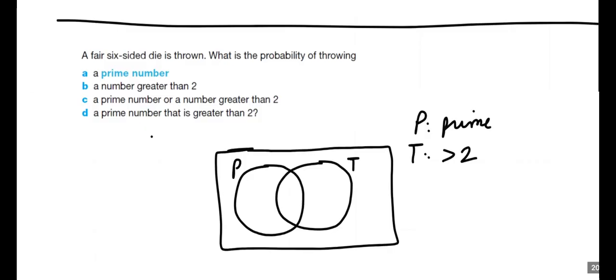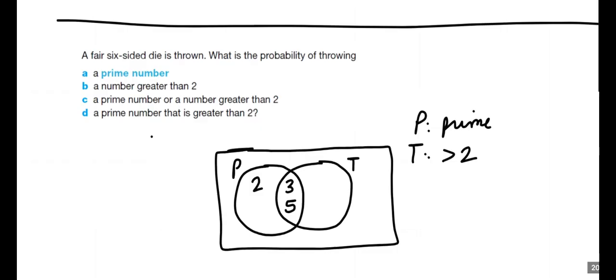Put 2 in prime. 3 in both. 5 in both. That's it. What about 1, 4 and 6?